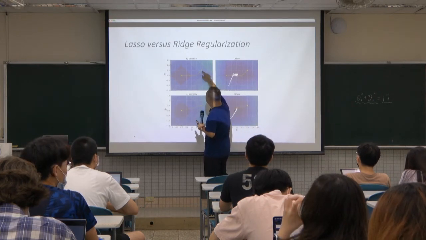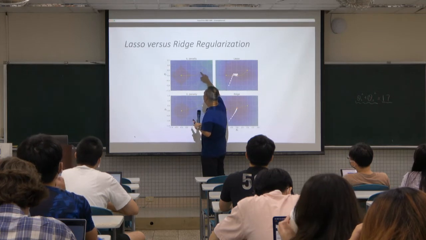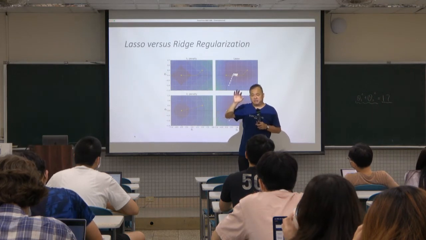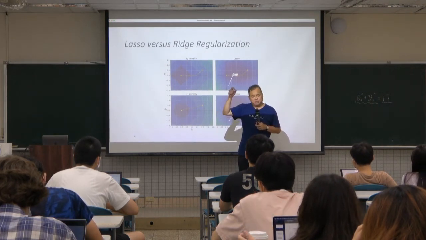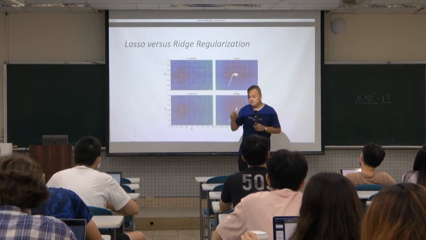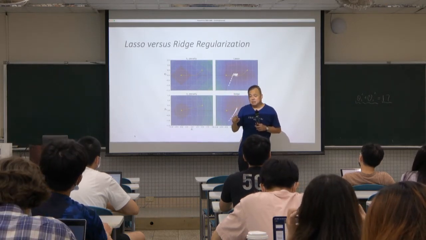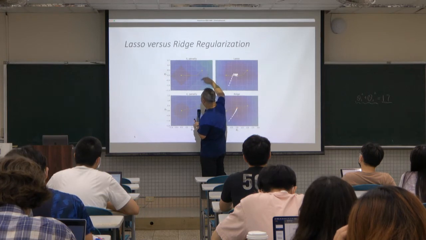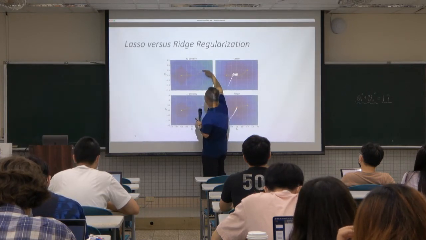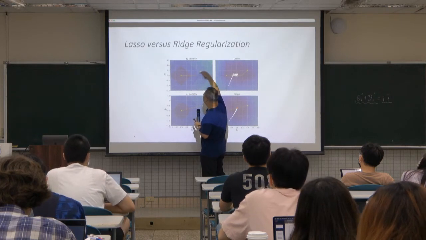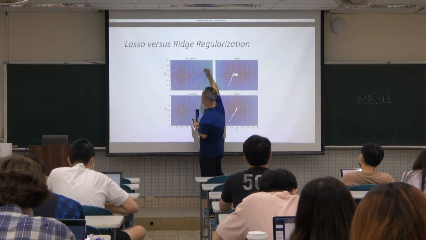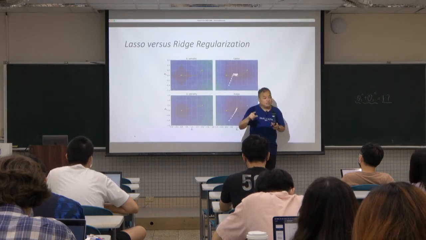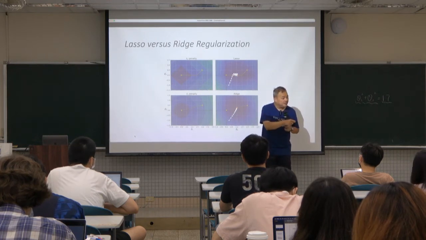Because you can see that lasso will force the smaller coefficient to 0 first, right? Remember here, theta 1 is 4, theta 2 is 1, right? So during the training, theta 2 is smaller, so theta 2 becomes 0 first, right?